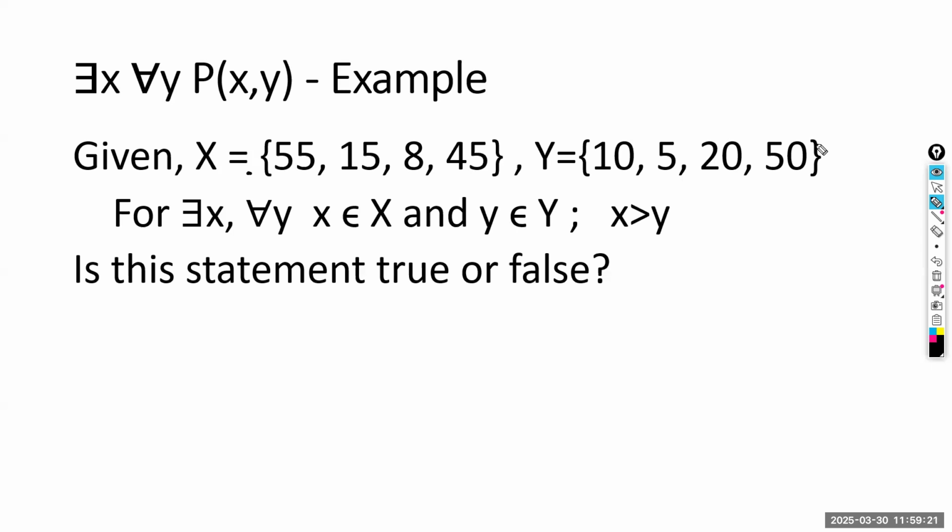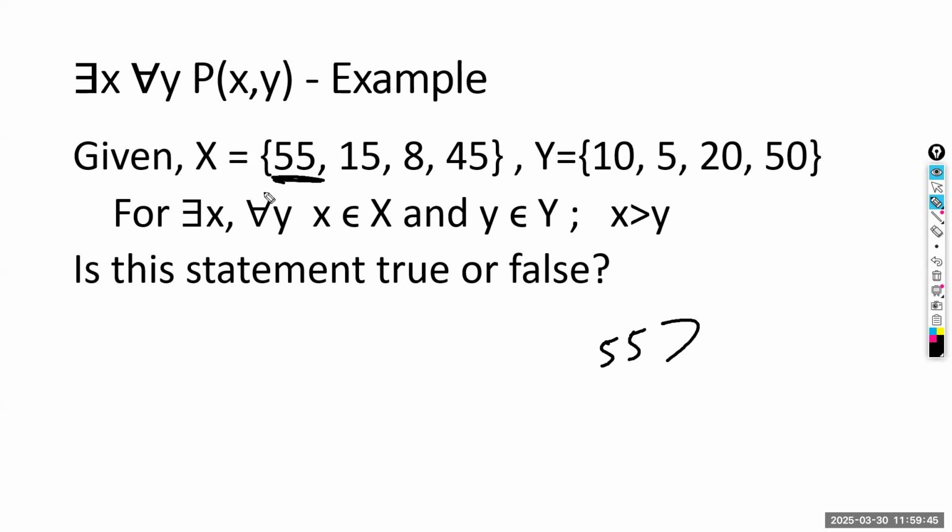Now I'll go for the best scenario, best case, because I just need to show it for one value. So therefore, I will take the biggest x, 55. Right. Now it must be bigger than all the values in y.